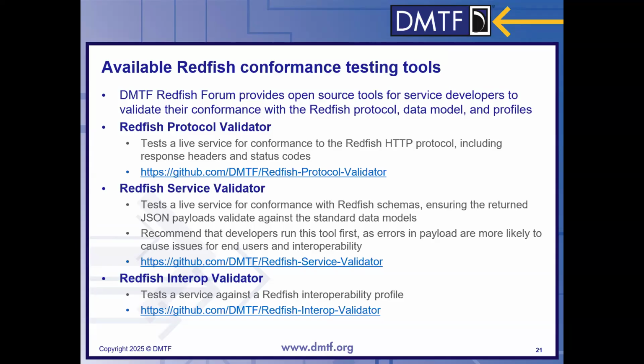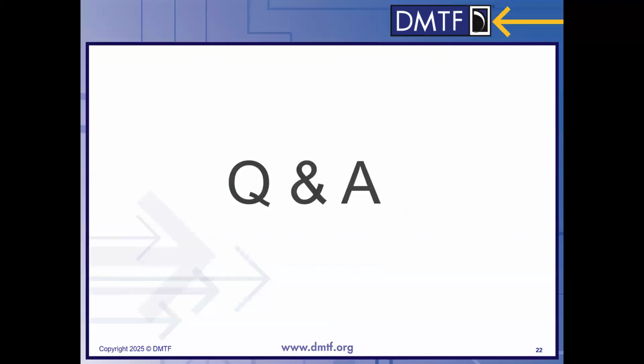And then finally, we've got the Redfish interop validator, which lets you take a Redfish interoperability profile and validate that a service conforms against it. And so with that, we can move on to the Q&A.